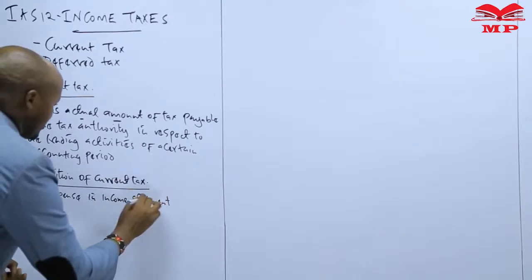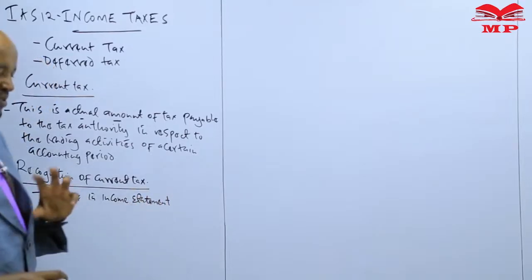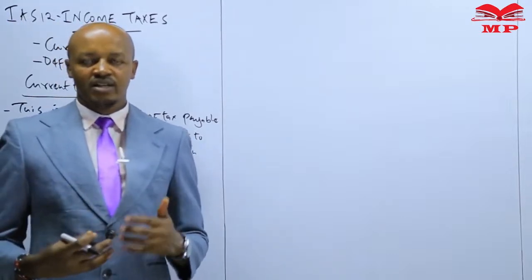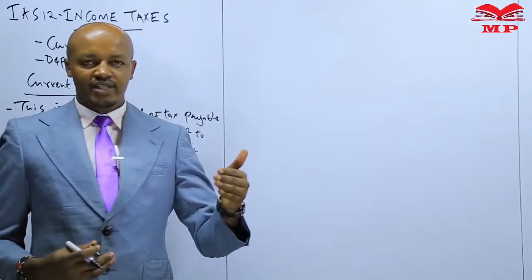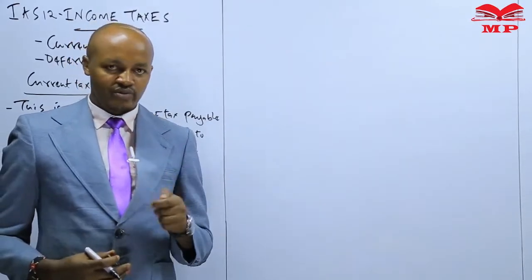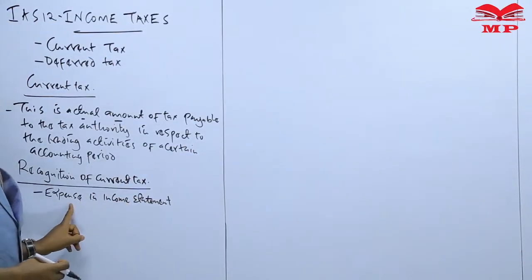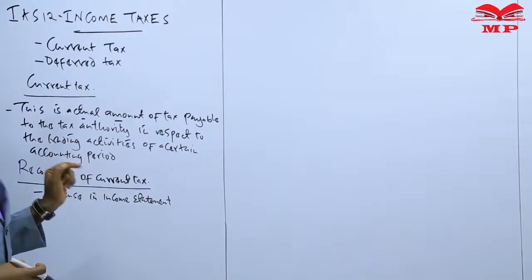and that's why whenever we are to prepare the income statement, once we get the profit before tax, we proceed and we less the current tax. The reason why we less that current tax is because that tax is an expense in the income statement.